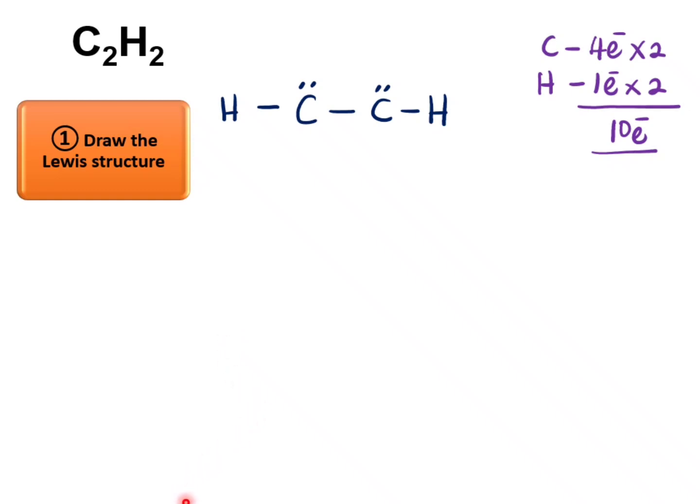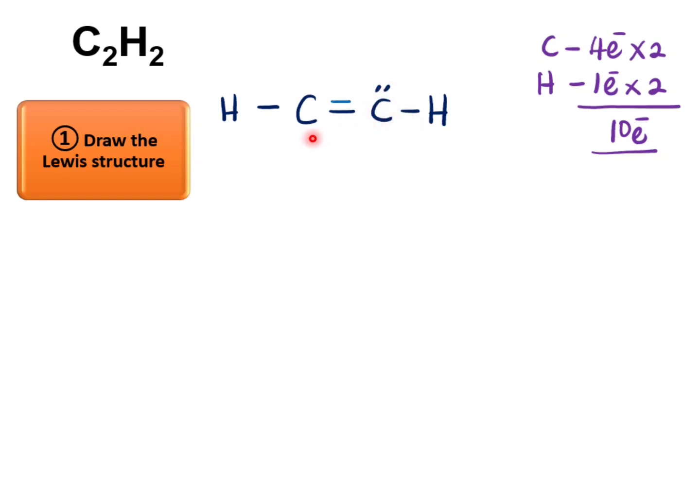We need to take the lone pair here. So we take this lone pair, we make a double bond. So I erase this, so I will make a double bond. One double bond there. Okay, so is our carbon already octet? So now check. So this carbon 2, 4, 6 electron not octet yet. But this carbon 2, 4, 6, 8 already octet.